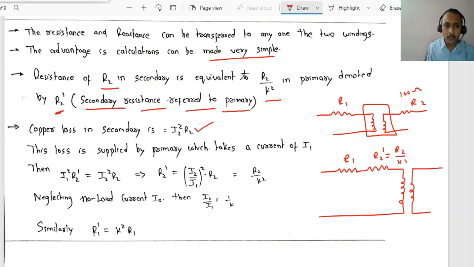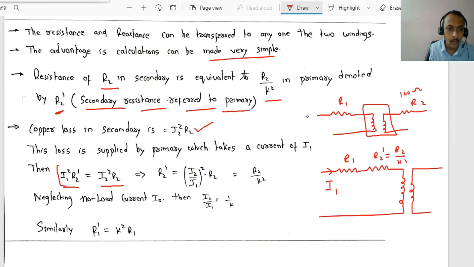Right? Now, as we told you, the copper loss in the secondary is I2 square R2. Now this loss is to be supplied by the primary current, but what is the current flowing in the primary? I1. Now with respect to the new shifted value, this I1 square R2 dash must be equal to I2 square R2.